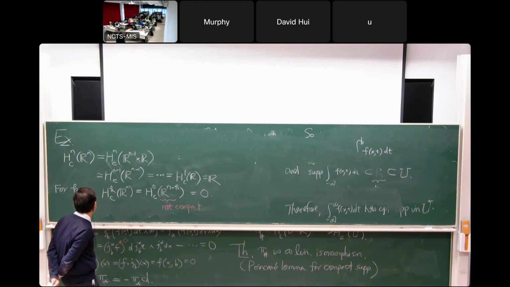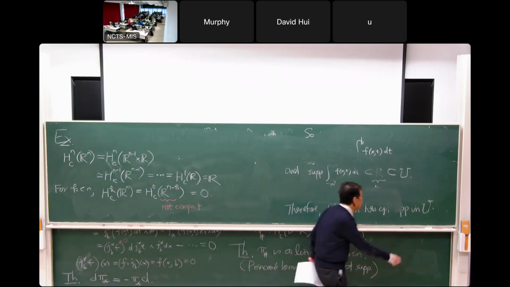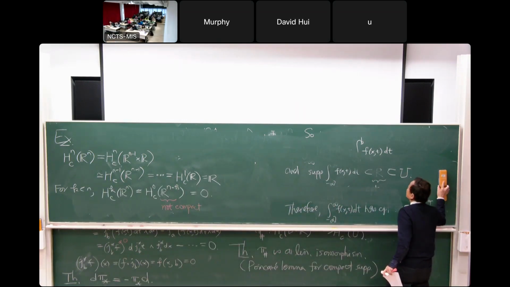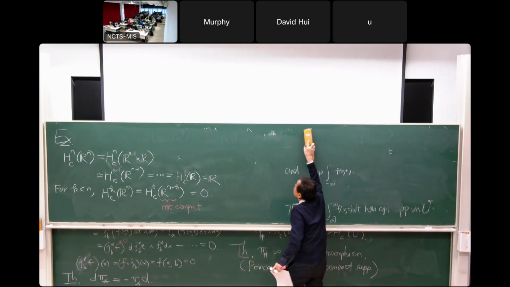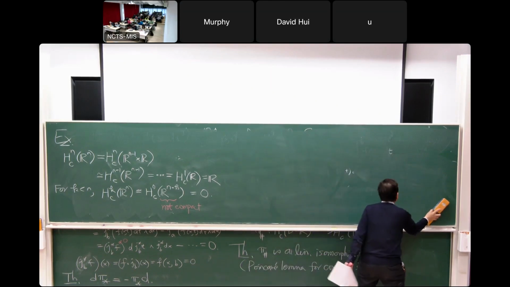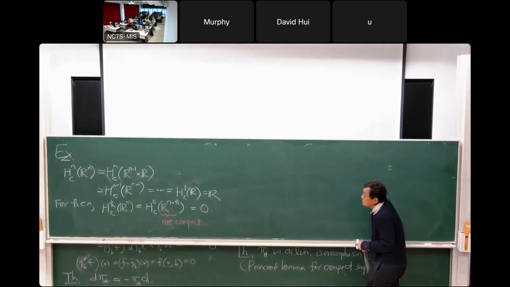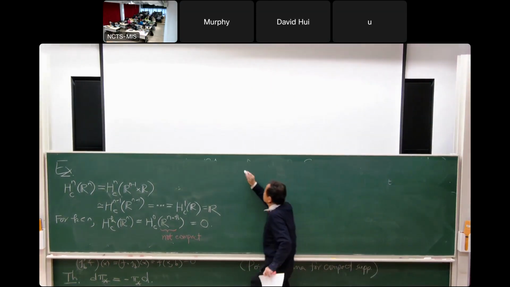And so now we know the cohomology with compact support of Rn completely. Theorem. So we have the theorem.